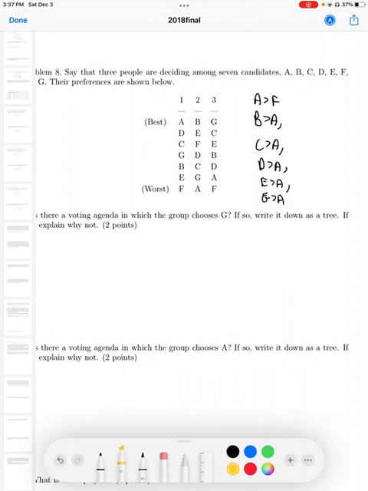Now that we started with A and went all the way down through G, we start with B and do the same thing.